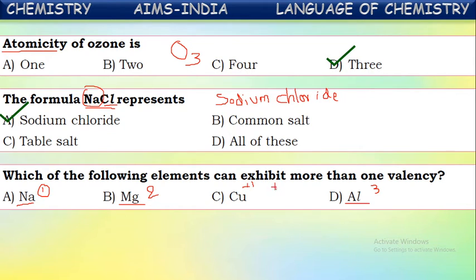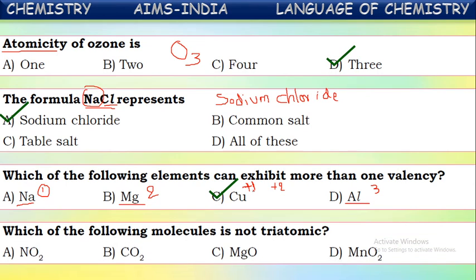It can exhibit two different valencies, one and two. So this kind of element which can exhibit more than one kind of valency is called a variable valent element, and this phenomenon is called variable valency. Copper can exhibit two different valencies, plus 1 and plus 2, in its compounds. Okay, copper is the correct answer here.